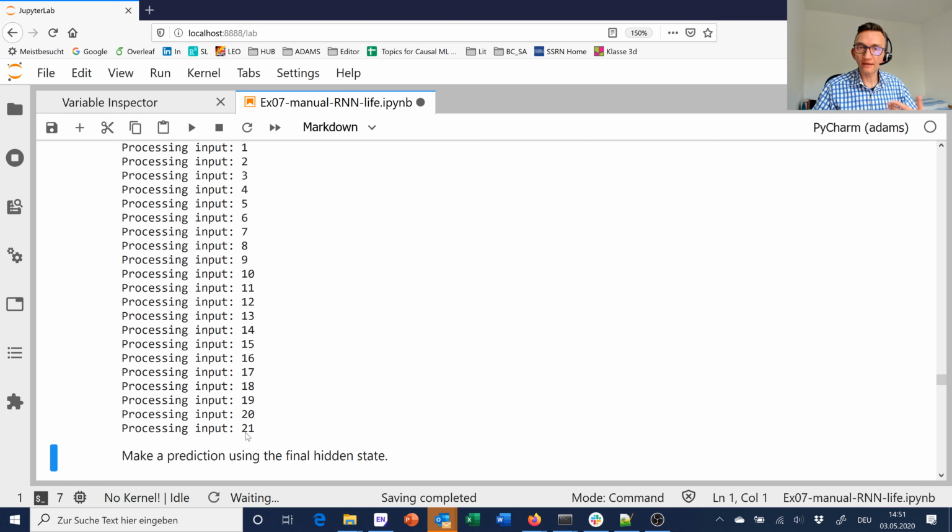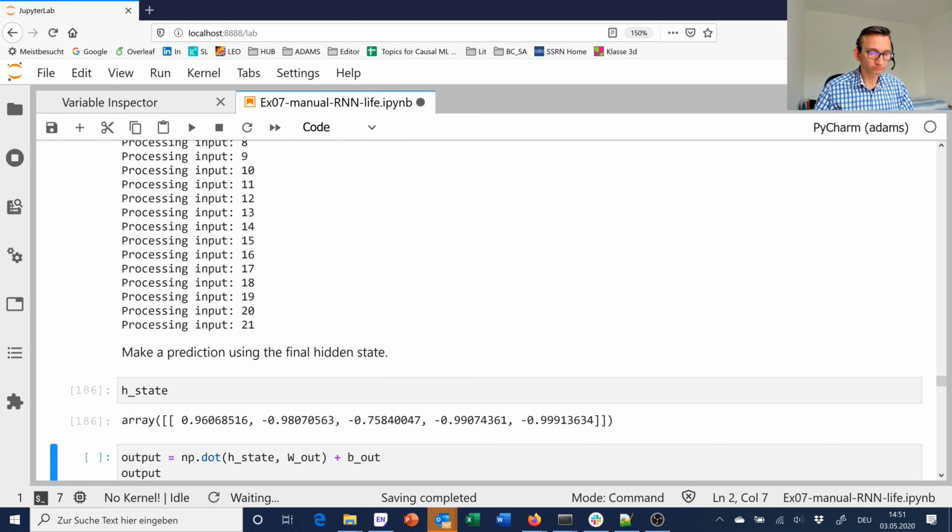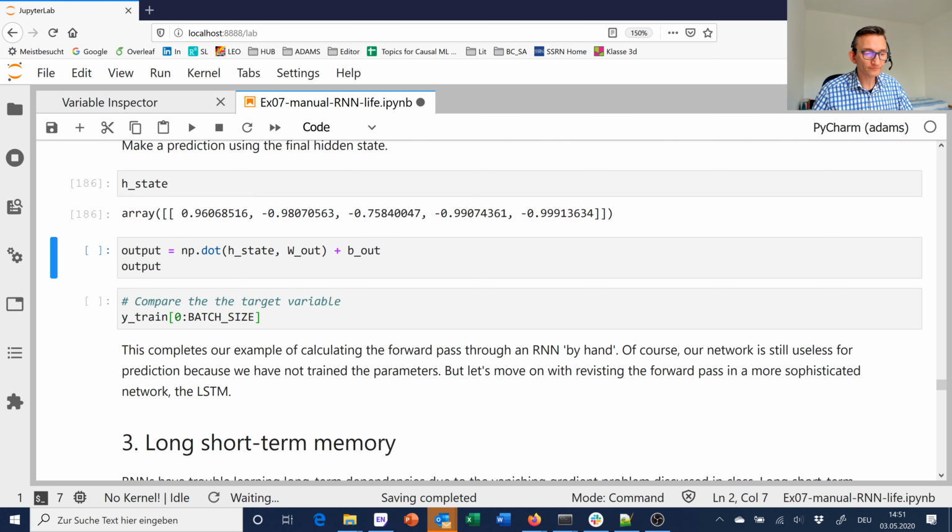And now we have the full accumulated hidden state after seeing one input sequence in its entirety. And from that hidden state, let's have a look. Well, it's just a bunch of 5 numbers because we have 5 hidden units. These values, we would hope to capture something that is meaningful for the time series. And as before, we can pull an output from that.